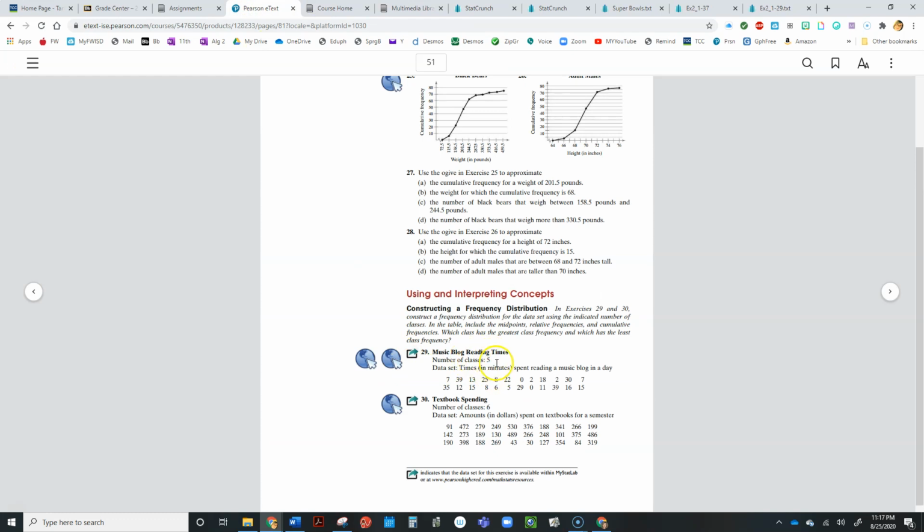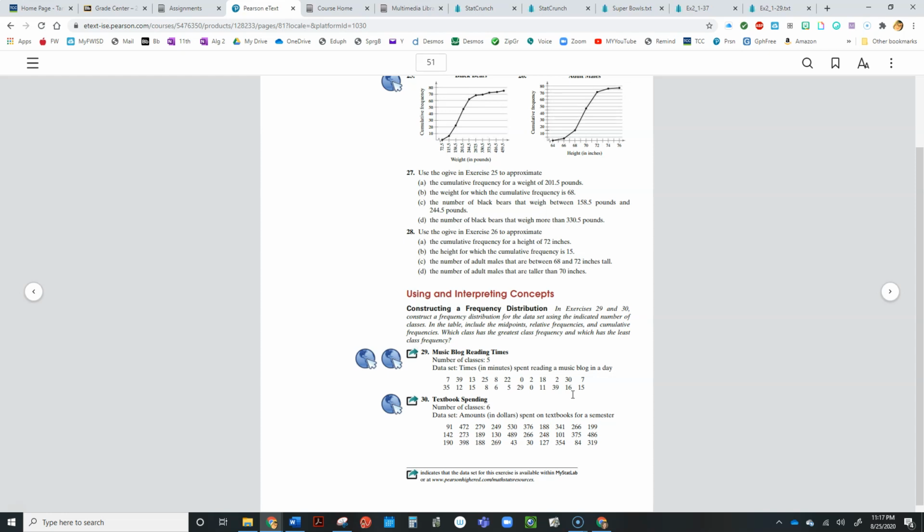5 classes. So we'd have to find the class width real quick. So the biggest number minus the smallest number. I'm sure that you can calculate the range on StatCrunch. I just don't remember right this second how to do it. But the biggest number looks like it's 39, and the smallest number was 0. So divide that by 5 classes to get your class width.